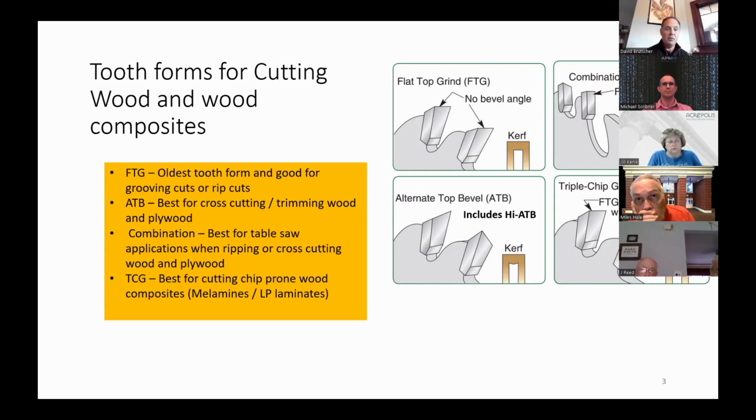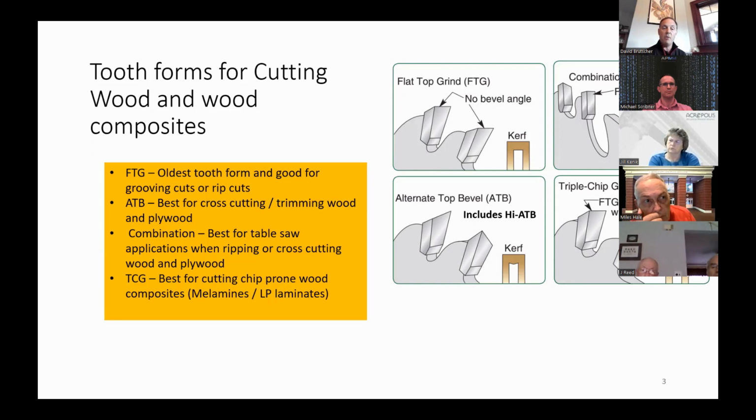The first one is a flat top ground, and it's the oldest tooth form out there. Way back in the day when carbide was first put on blades, no one thought about what's optimal or not. But it's a great blade for grooving cuts or rip cuts, especially grooving cuts in the 1/8 inch wide range or so. It gives a flat bottom in whatever you're cutting, so it's for non-through cuts, things of that nature.